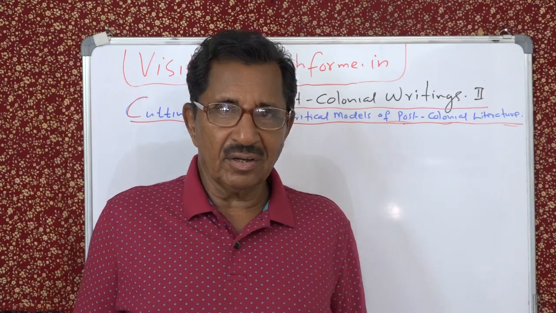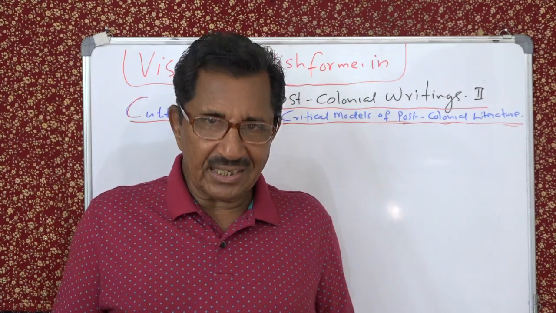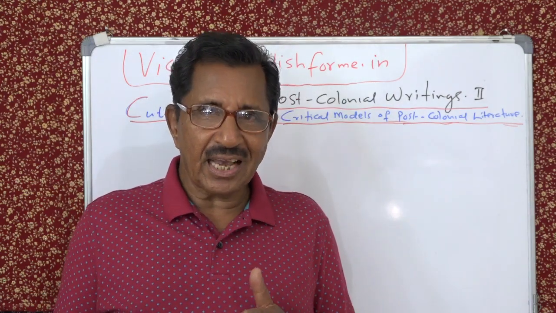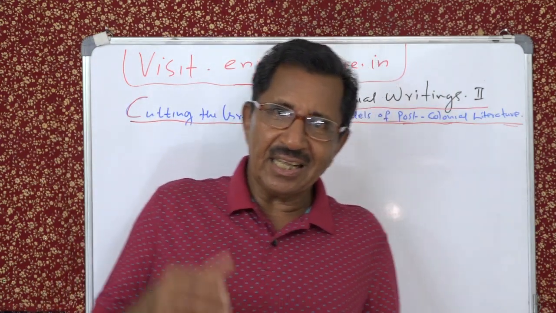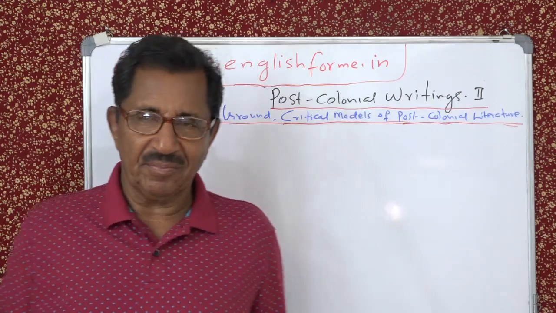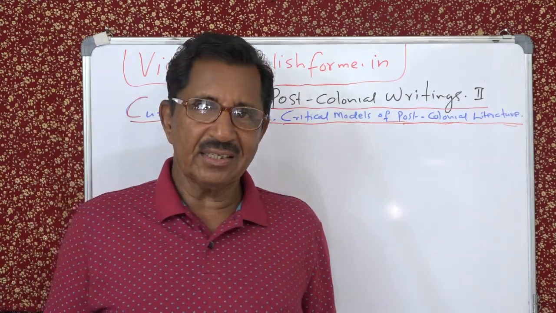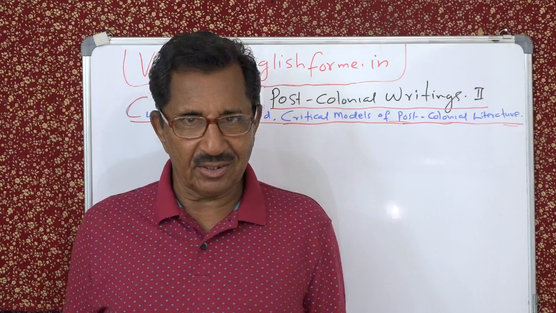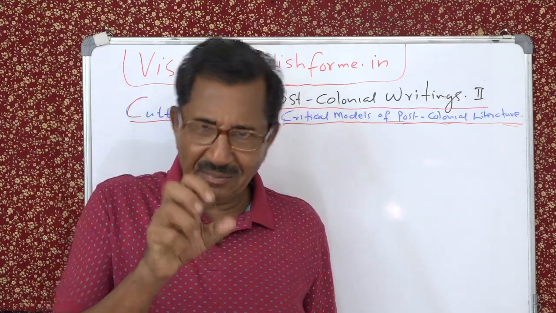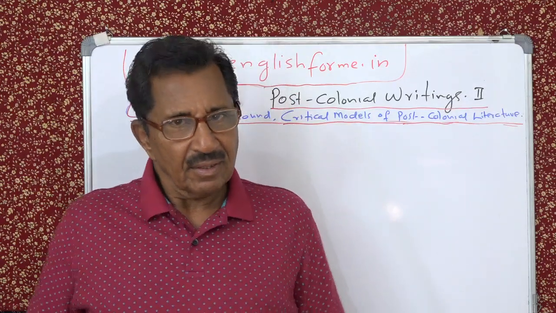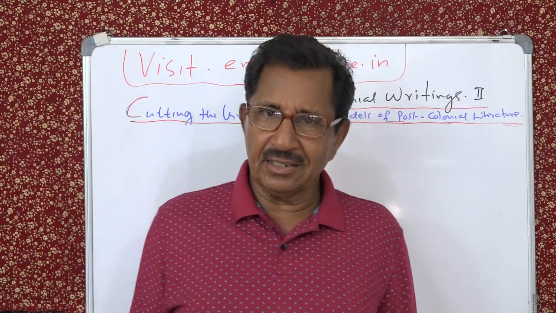So what happens is this, the critical theories or the value judgments made by British criticism, that is valid in the case of American literature also. So you cannot say totally independent. Still it remains Eurocentric. Of course, you can think of tradition and individual tradition.